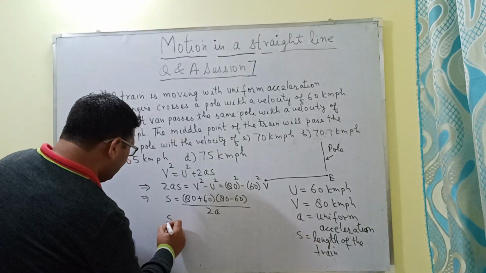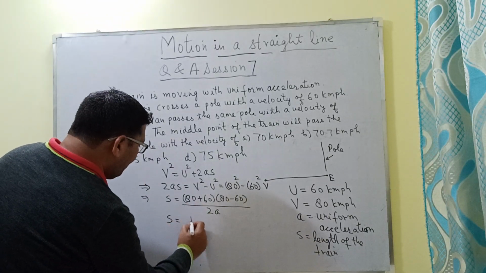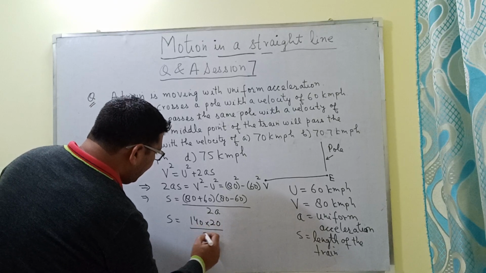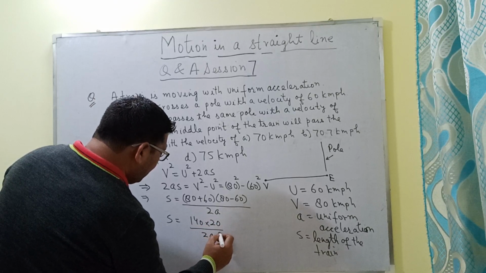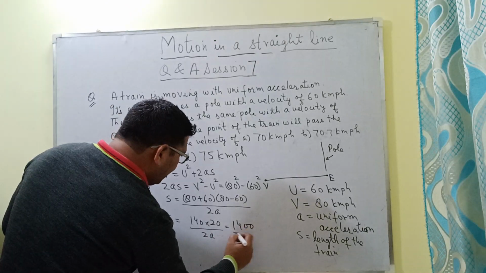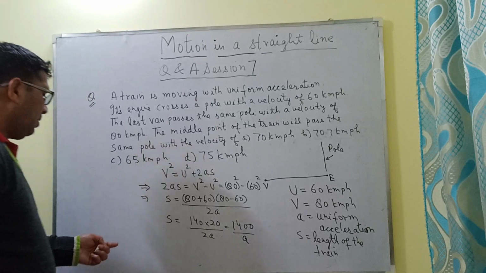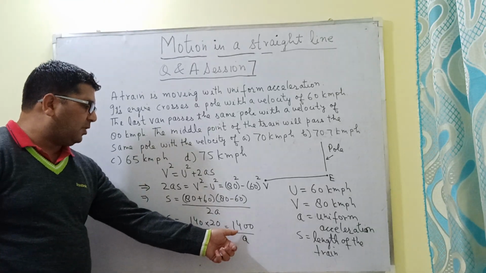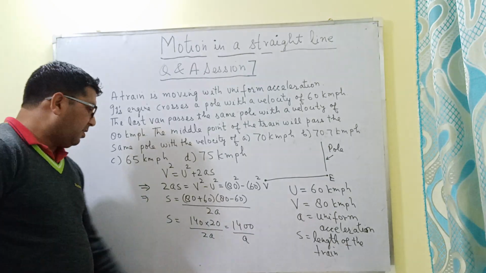So s is equal to 140 into 20 divided by 2a, and that can be written as 1400 divided by a. So the value of s is equal to 1400 divided by a.